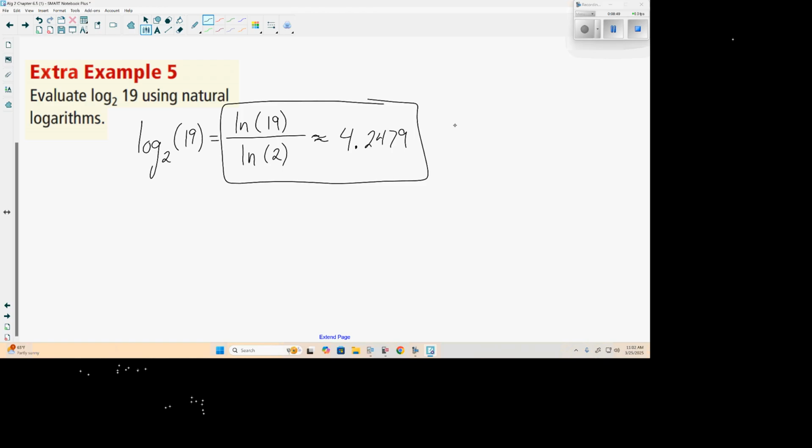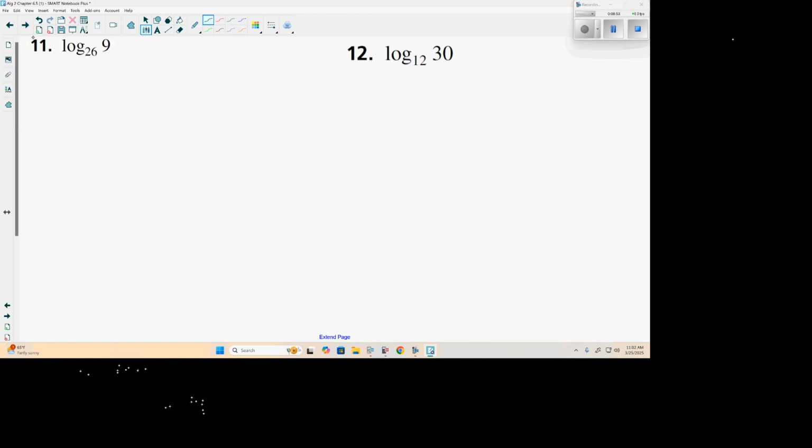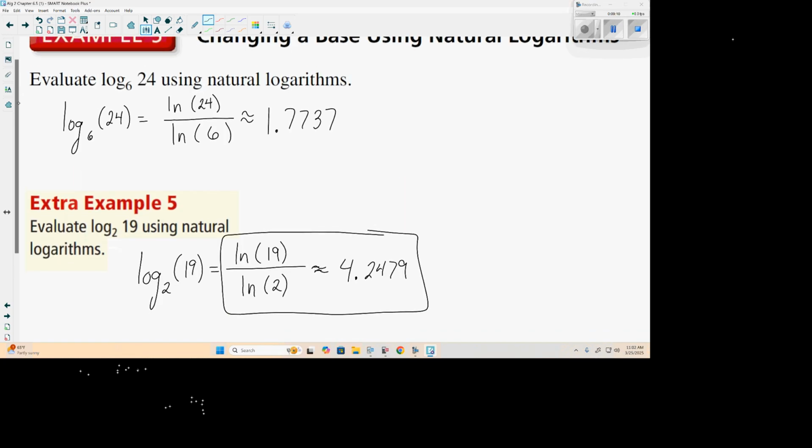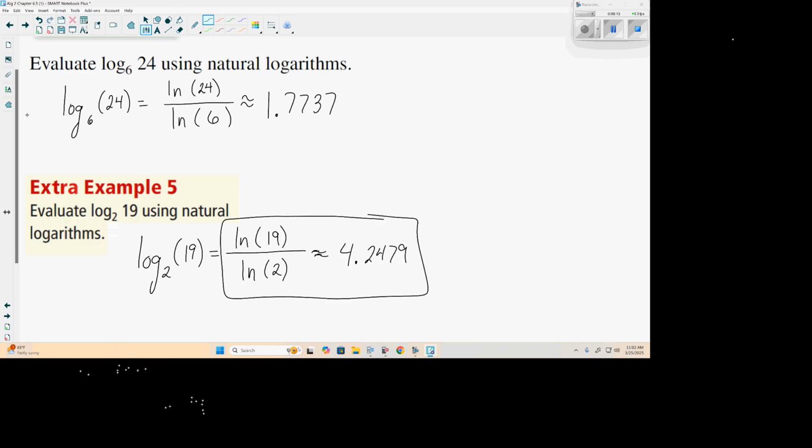The natural log and the common log are going to give us the same value. The only time it would make a difference is if it asks not so much to evaluate it, but just asks you to use the change of base to write it as common logs or natural logs. Because here it's more focused on us evaluating it.